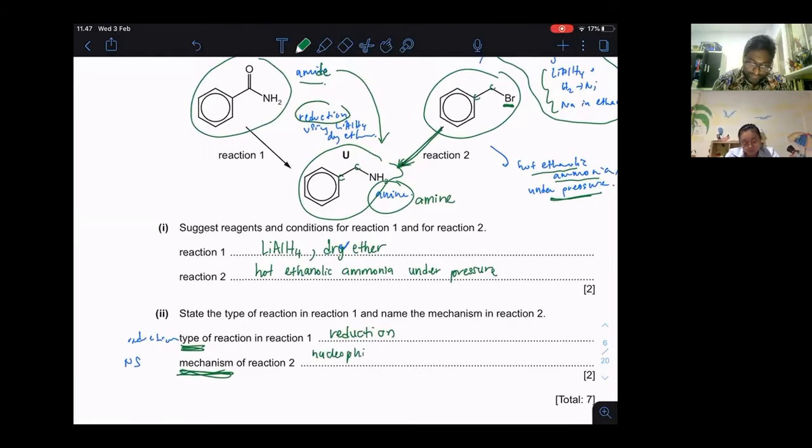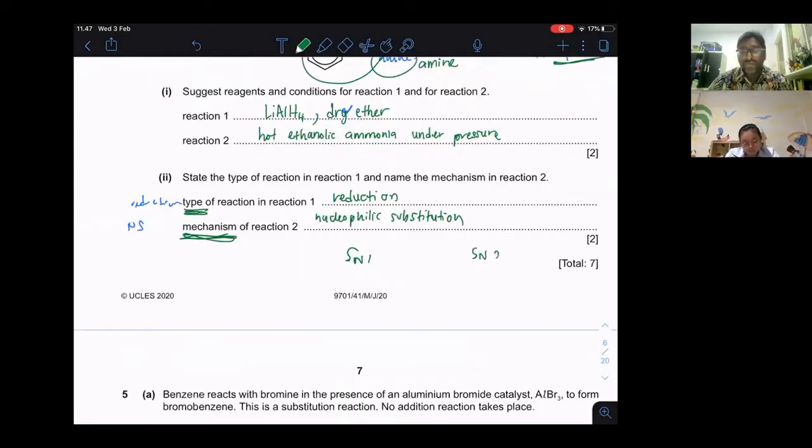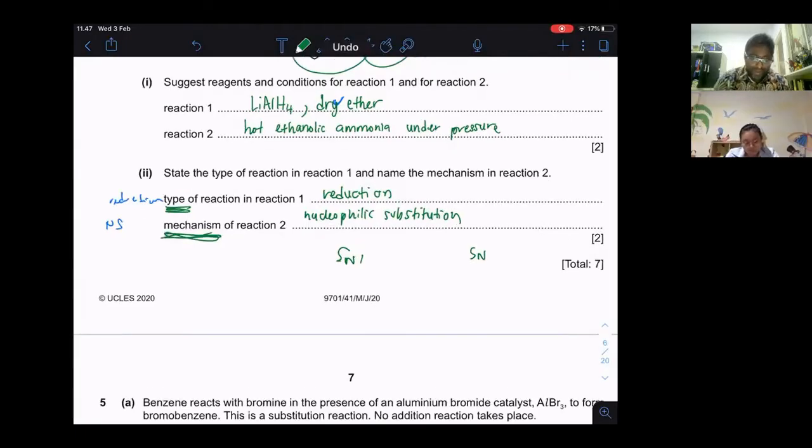nucleophilic substitution. Nucleophilic substitution has SN1 and SN2. Please go and read about this, SN1 and SN2. When do we use SN1 and SN2? Are we going to use a carbocation, or are we going to use a transition state or intermediate? To answer that, there is a simple way to remember.